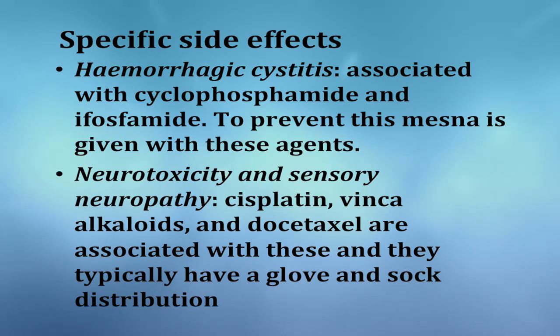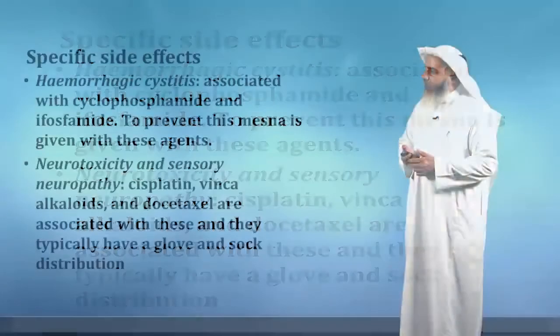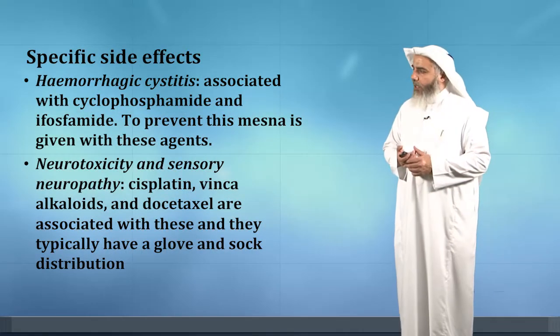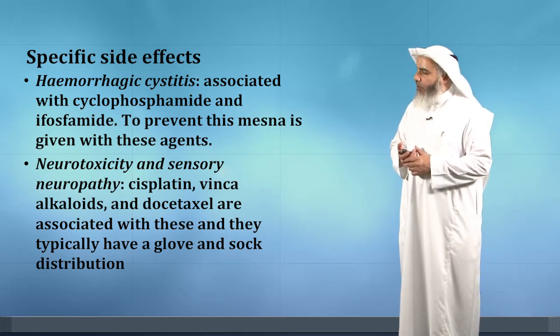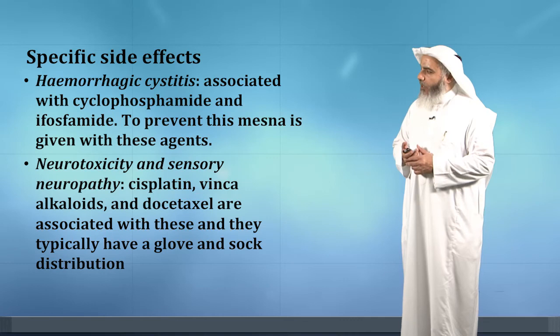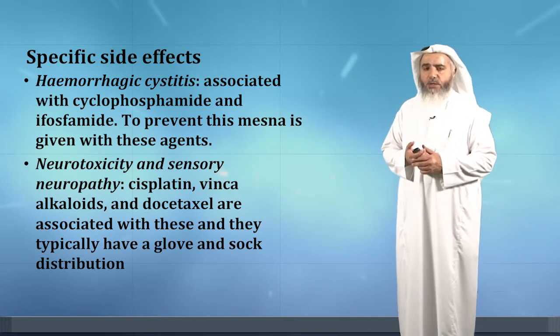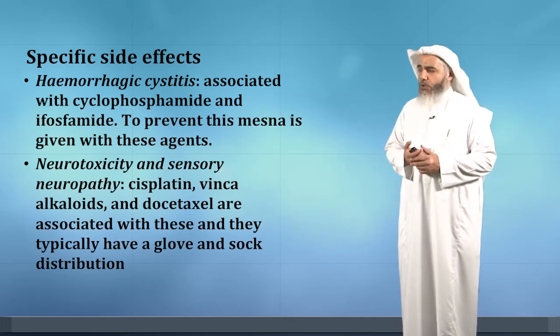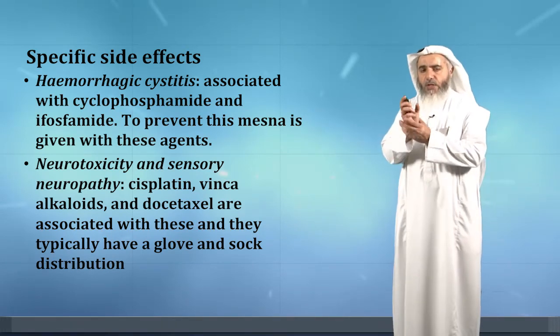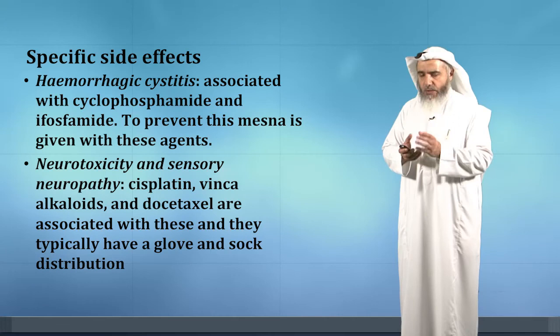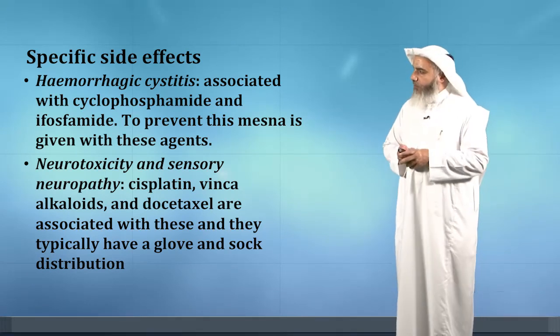Neurotoxicity, like sensory neuropathy, is common with cisplatinum, taxanes, and vinca alkaloids, and taxanes like docetaxel or paclitaxel. Usually it has a specific distribution, called glove and sock distribution, where it affects the hands and the feet like gloves and socks.